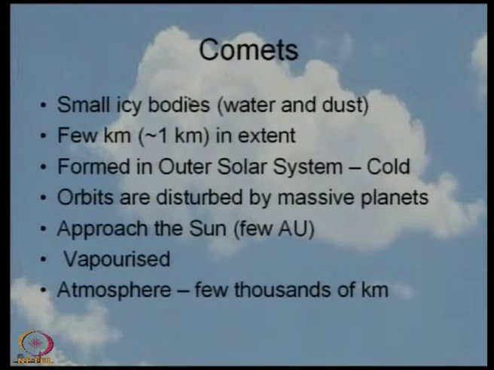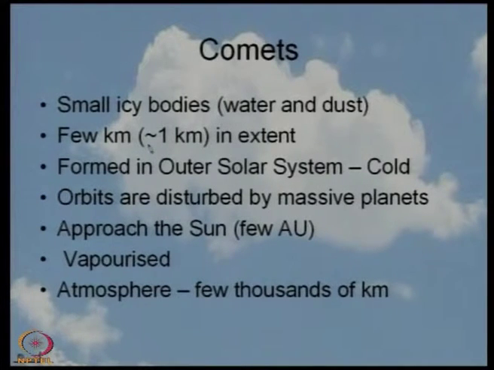Okay. So, frozen water and dust. There are other elements also in them, which vaporize easily if you heat them. And these are a few kilometers in extent, typically around 1 kilometer.